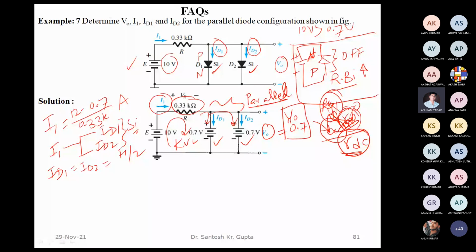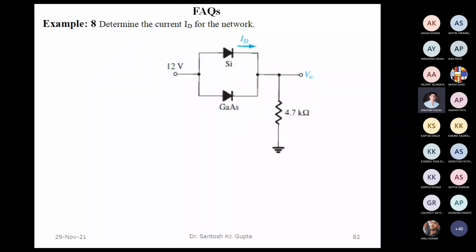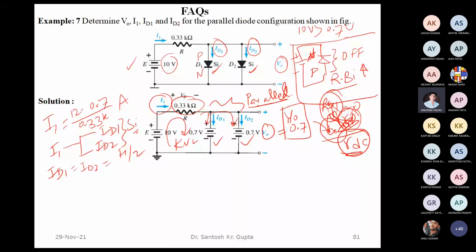Another thing we can argue in this case: suppose in place of both being silicon, we have one silicon diode here, and another diode which is different.